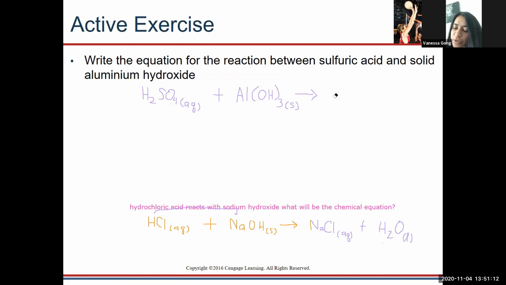So you would do, would it be aluminum? Would it be Al and then SO4? Okay. Is that balanced? Is that a good neutral or zero formula? Al2?